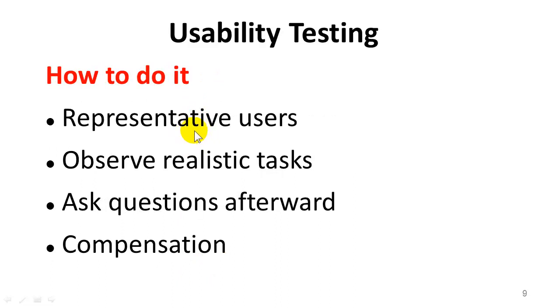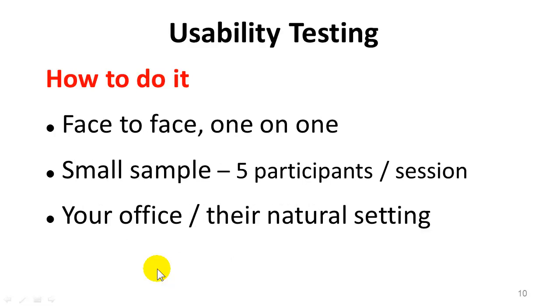Usability testing can be done with representative users who represent a group, where you would be observing realistic tasks. You can ask questions afterwards, and sometimes you might want to offer them some kind of compensation. It is generally done face-to-face with one-on-one or with a small sample. It can be done in an office or in another natural setting.